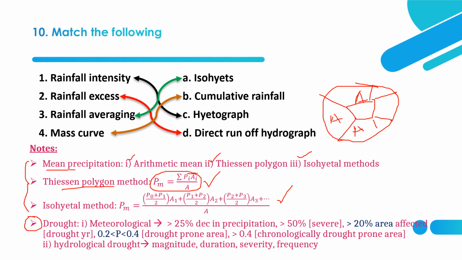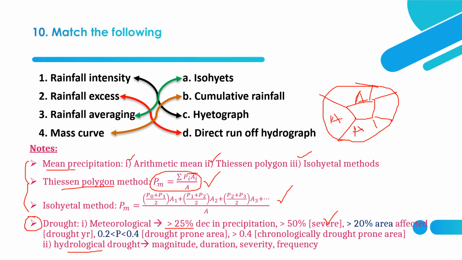Now let's see the drought condition. There are meteorological drought and hydrological drought. Another drought is agricultural drought, which is related to evapotranspiration and is given by PET minus AET by AET. Now let's see the main part, meteorological drought. When a decrease in precipitation of greater than 25% happens over a catchment area, that is called meteorological drought. When it is more than a 50% deficit, that is called severe drought.